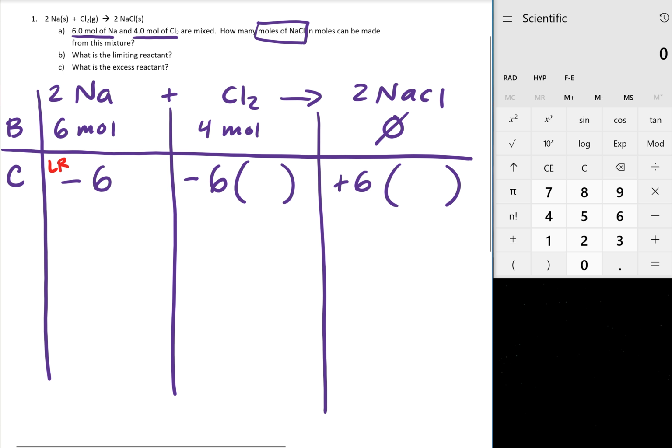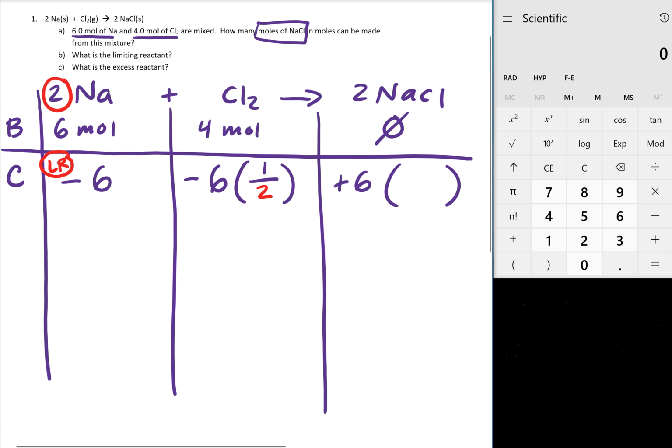So chlorine, its coefficient is 1. So I'm going to put a 1. And then sodium, since we're assuming sodium is our LR, our limiting, its coefficient is 2. So I'm going to put its coefficient of 2 in the denominator. Okay, the limiting reactant always goes in the denominator.